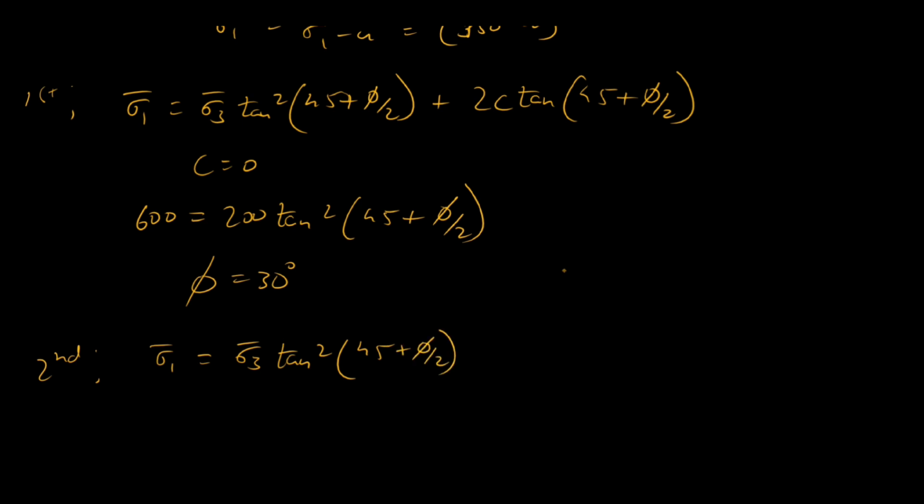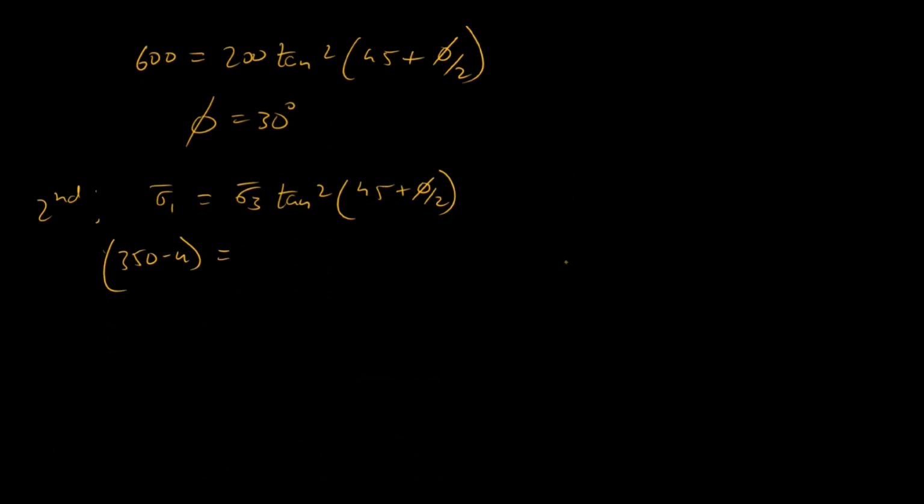So sigma 1 dash, which is nothing but 350 minus u, equals sigma 3 dash, which is 200 minus u, times tan square (45 plus 30 by 2). By solving this, we get u equal to 125 kilopascal.